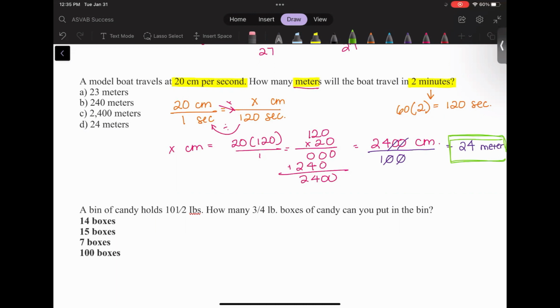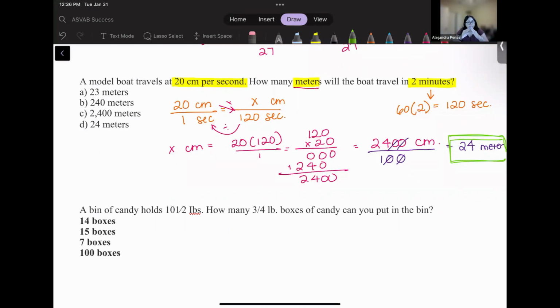You would multiply it for. Sorry? When would you multiply it? Like how you just did. Okay, so when you're going from a small unit to a big unit, you have to divide. When you're going from a big unit to a small unit, you're going to multiply.